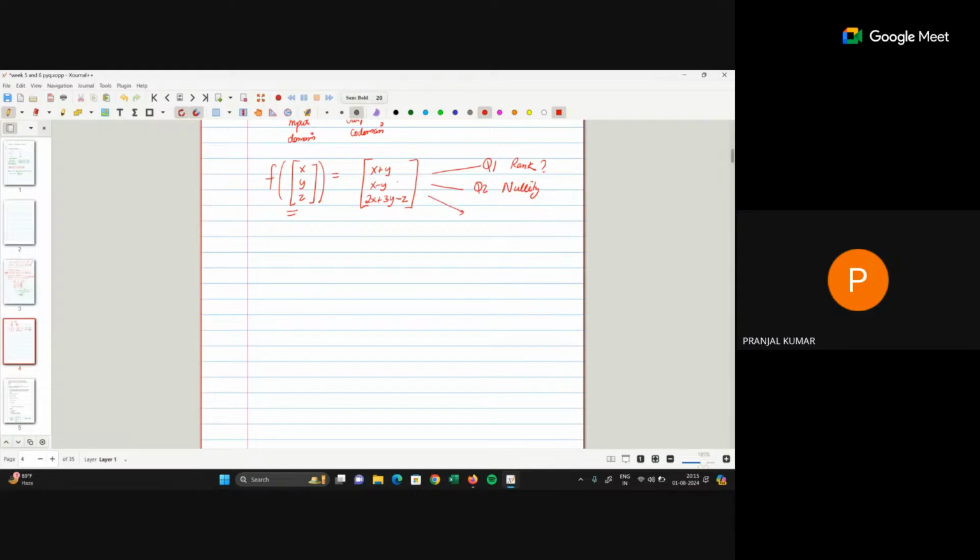Question three is onto. Question four could be whether it is 1-1. Then it can be asked whether it is an isomorphism.